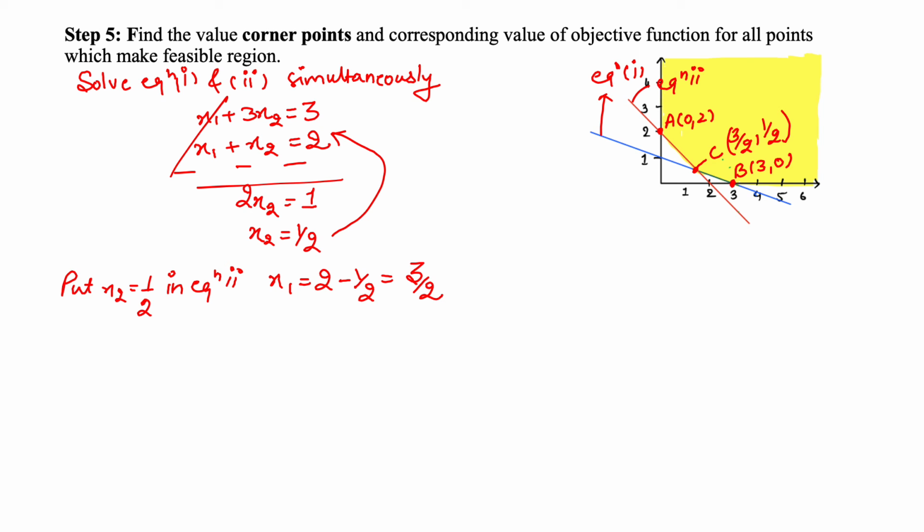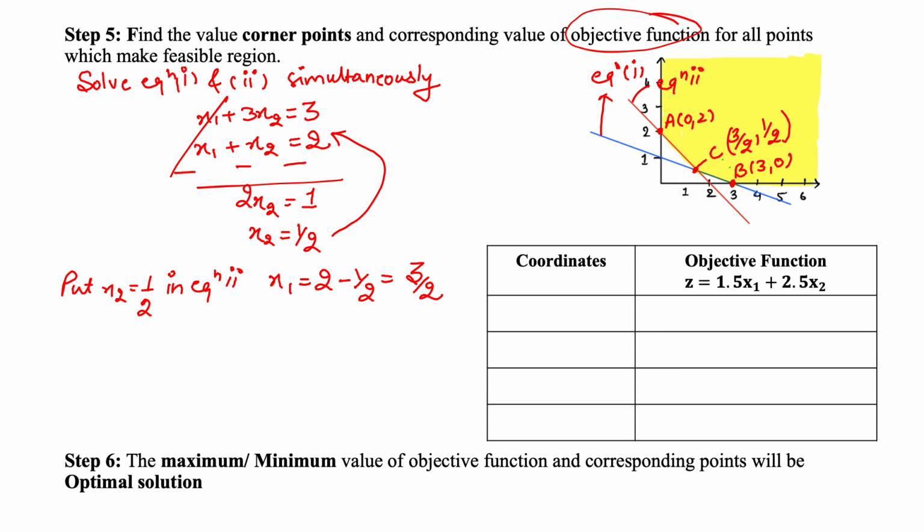Now with respect to these coordinates, we have to find the objective function value. So the first coordinate is A, second is B, whose coordinates are given, and third is (3 by 2, half). Corresponding to these coordinates, we have to find the objective function value.